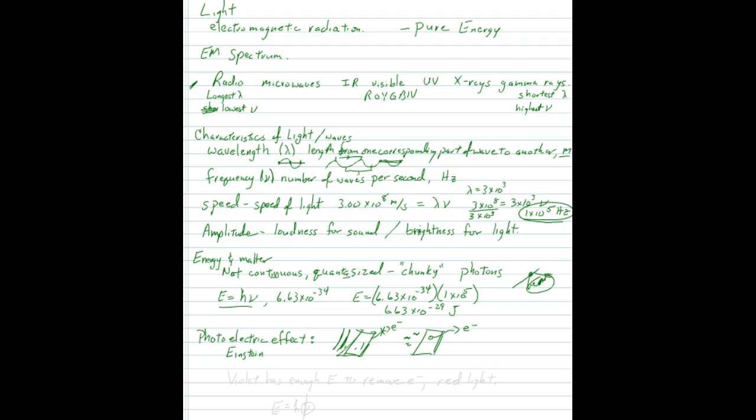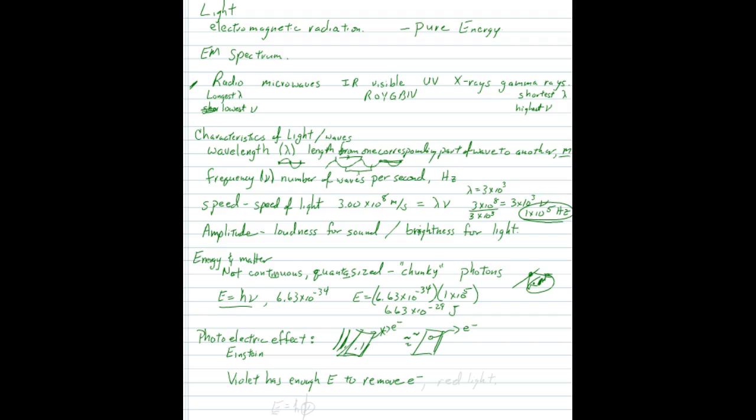Now the problem with this is not all types of light will produce electricity. You can shine red light on a solar cell for a long time, and absolutely nothing is going to happen. What you need is violet light or ultraviolet light. Violet light has enough energy to remove electrons and make the photoelectric effect work.